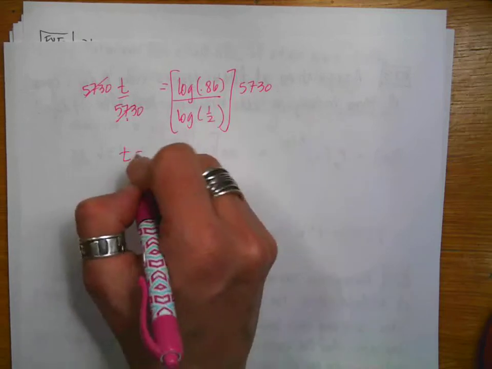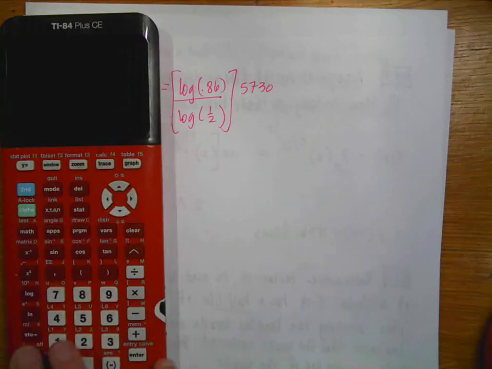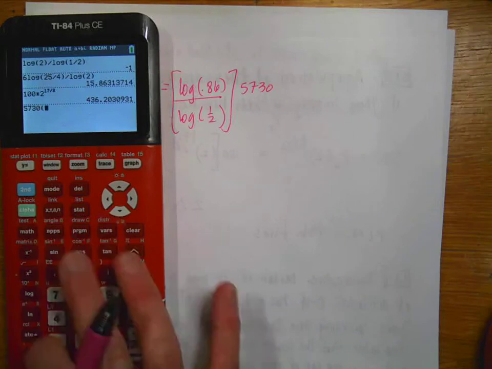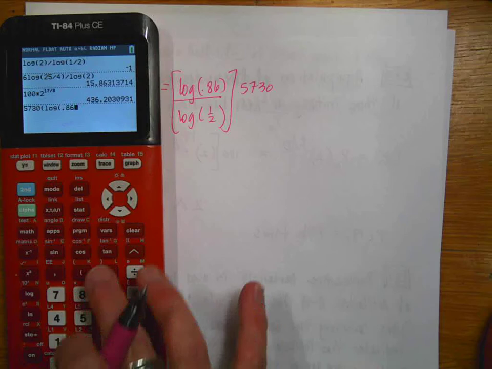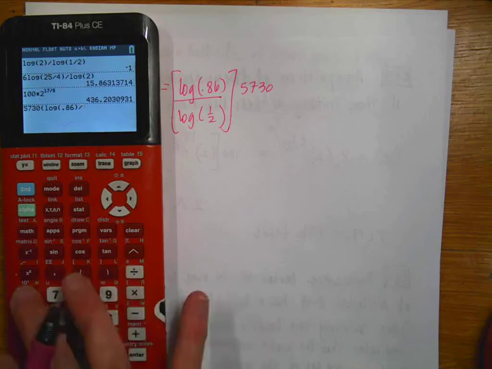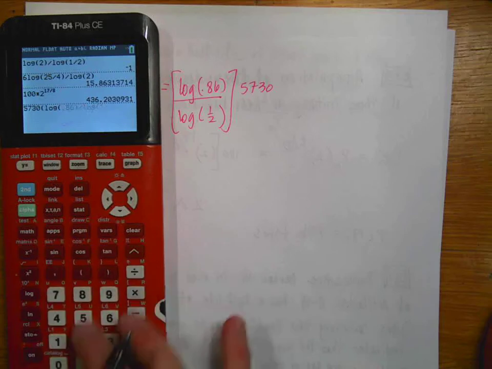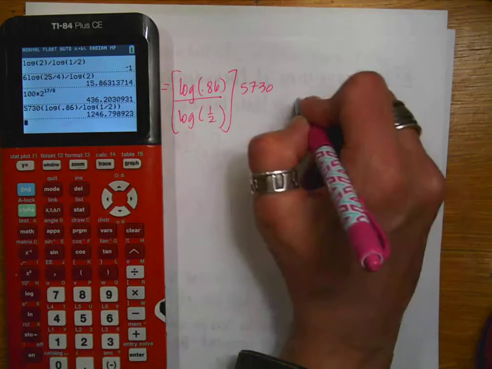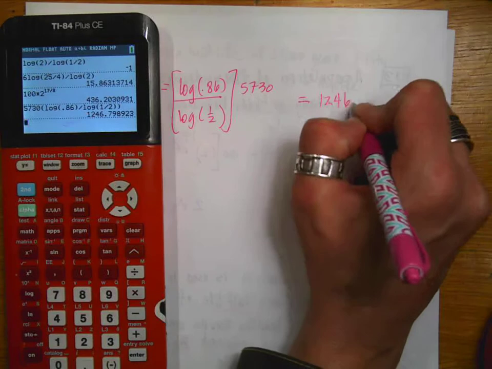And just to make it easier, when I put it in my calculator, I'm going to put this first. So I'm going to show you that math. So I'm going to do 5730 times the log of 0.86 divided by the log of 1 divided by 2. And then I'm going to close my parentheses and hit go.